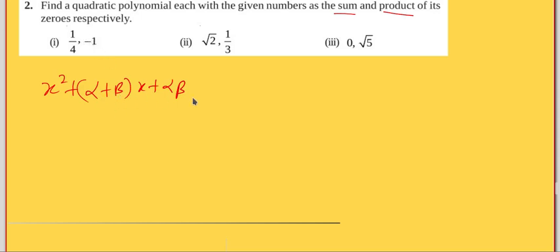So the sum of the zeros, alpha plus beta, is 1 by 4 and alpha beta is minus 1. Let me substitute here. x square plus 1 by 4 into x minus 1, since alpha beta is minus 1.